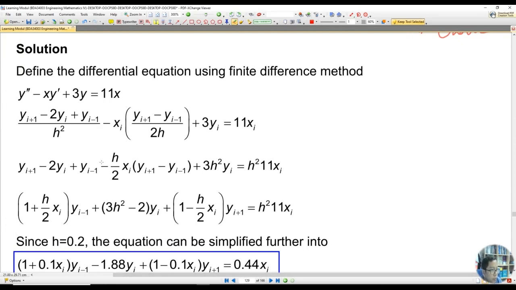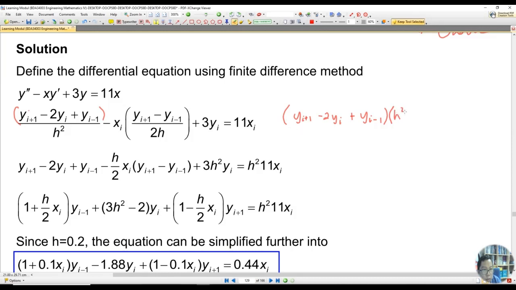So in this case, this one: y_{i+1} minus 2y_i plus y_{i-1}. Before that, it has to be divided by h over 2. So we cancel here.